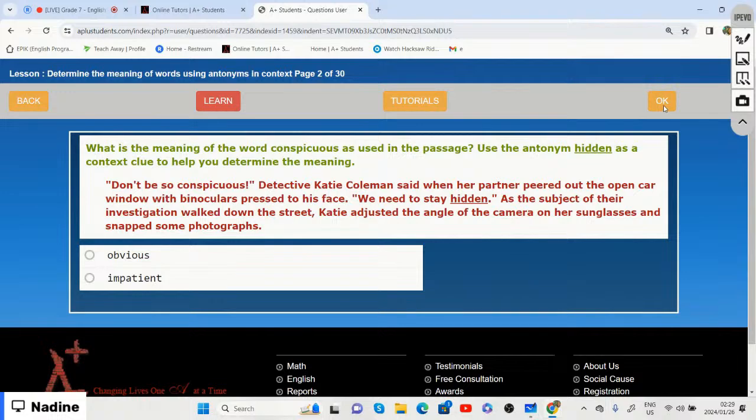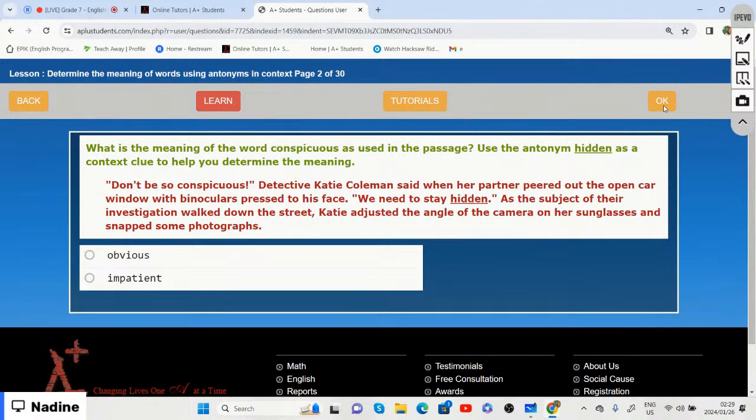So what is the meaning of the word conspicuous as used in the passage? We need to use the antonym hidden as a context clue to help you determine the meaning. "Don't be so conspicuous," Detective Kathy Coleman said when her partner peered out the open car window with binoculars pressed to his face.